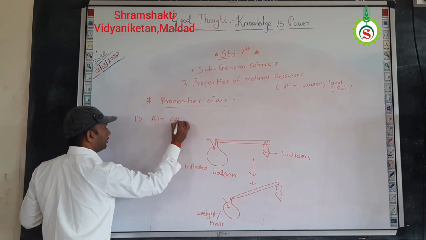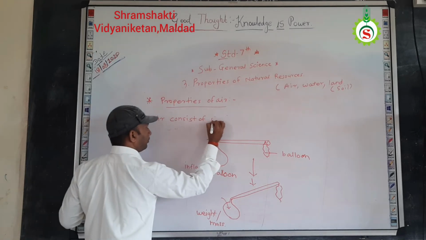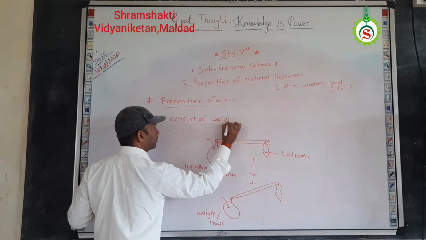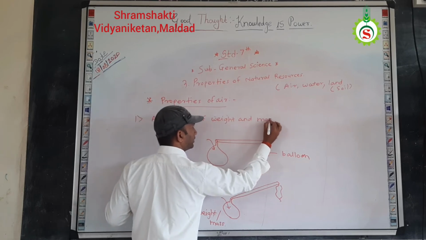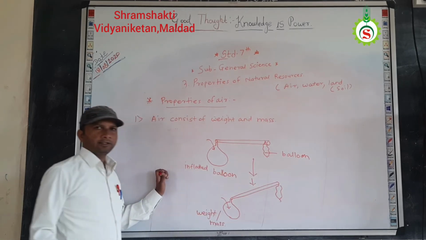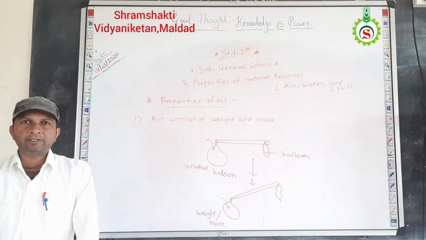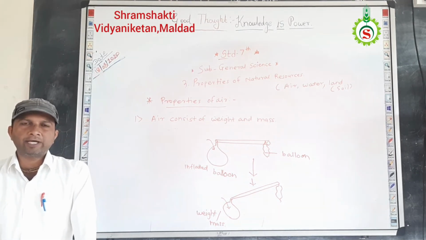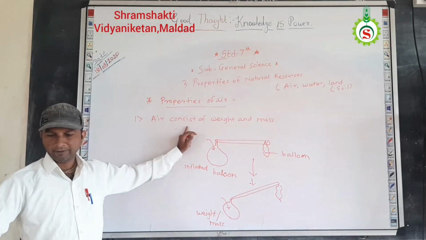So this is the first property: air consists of weight and mass. As you know, the solid state of matter also has weight and mass, liquid also has weight and mass, and like that air also consists of weight and mass.